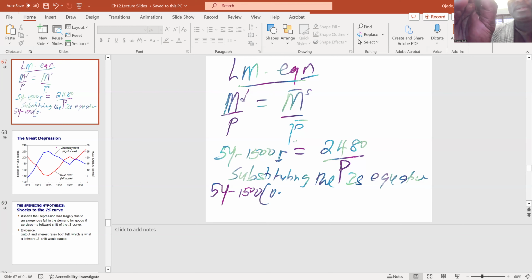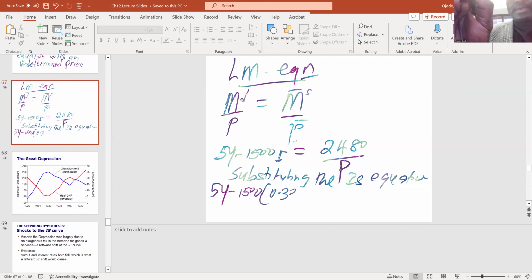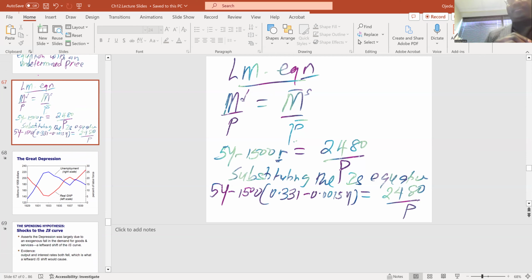I want to make sure; I think it was 0.331 minus 0.0015y. This must equal the right-hand side, 2480 divided by P.